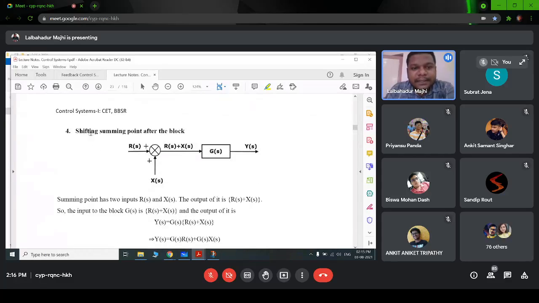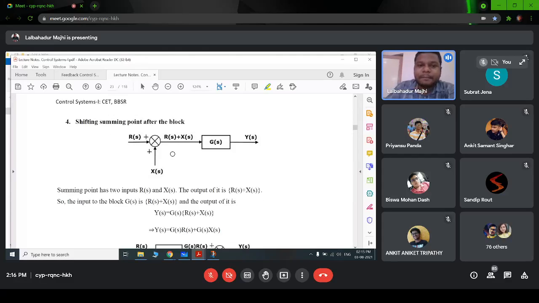Similarly, shifting the summing point after this block, right? So here we have a positive feedback. Let's say this is our positive feedback X(S), and R(S) is the reference input. Then what is the output of this summing point? It is R(S) plus X(S), right? This R(S) plus X(S) is given as input to this G(S).